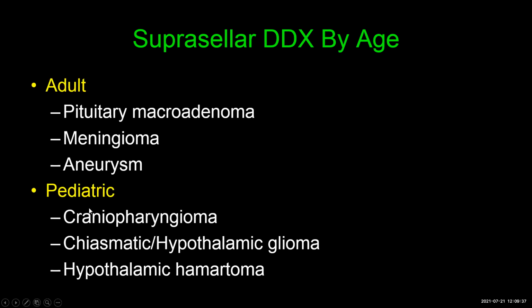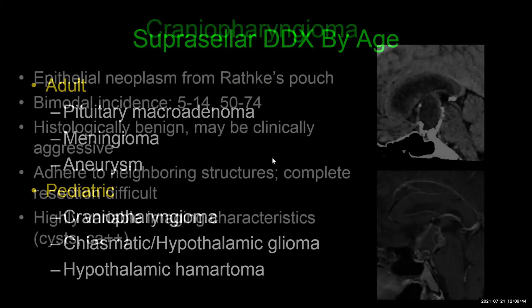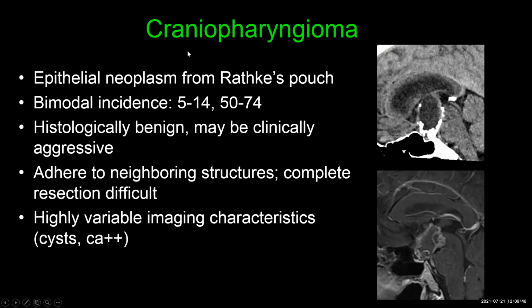And in the pediatric age group, we've got different lesions related more to the other structures that live in that location. So craniopharyngioma is a very common suprasellar mass that can even arise within the sella, mostly in children. So this is another remnant of Rathke's pouch, just like the Rathke's cleft cyst. However, this is actually a tumor.